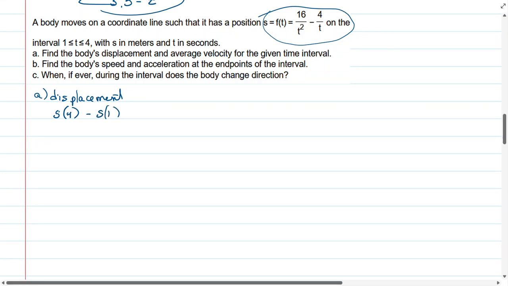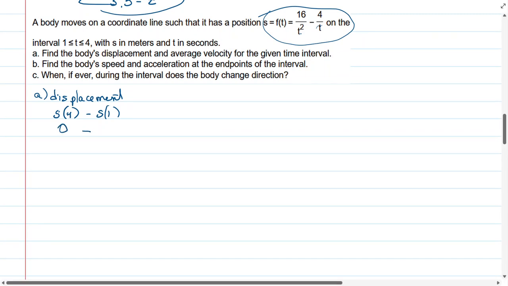I can do the S of 1. Oh, it is. This is good. This one's 1. If I put in 4 here, I have 16. And minus 4. Sorry about that. It's minus 4 because I forgot this part here. I did bad math.